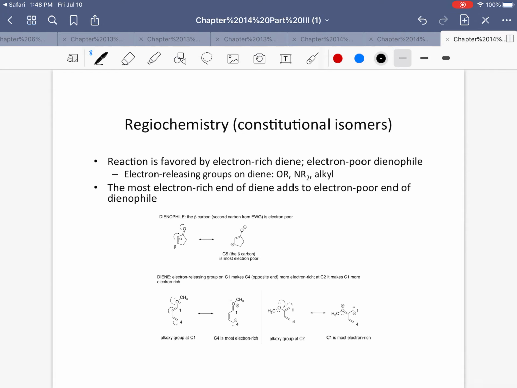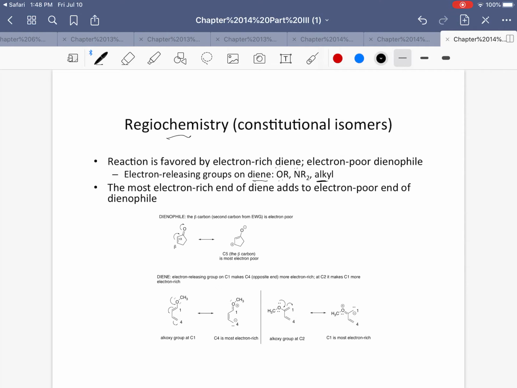So that's stereochemistry, and then another aspect of the Diels-Alder is the regiochemistry. And if you have electron-releasing groups on the diene, these would typically be alkoxys or amines, those have lone pairs to donate, or alkyl groups are weakly electron donating.